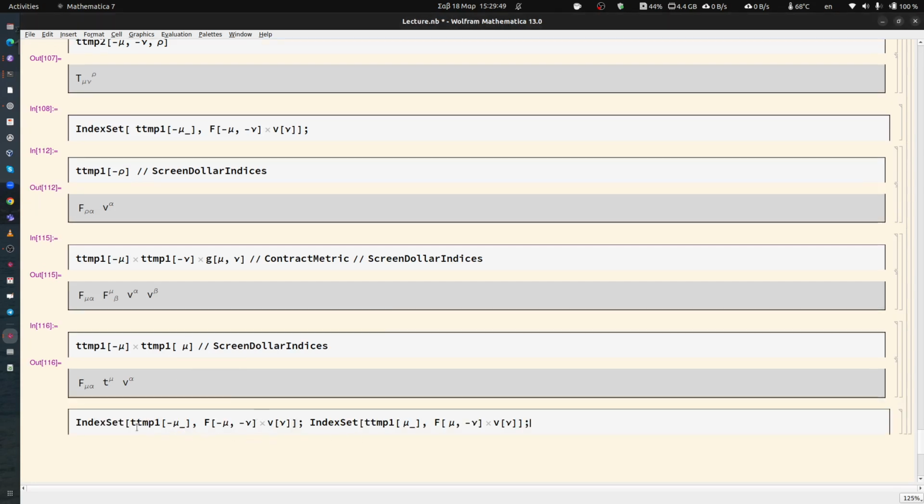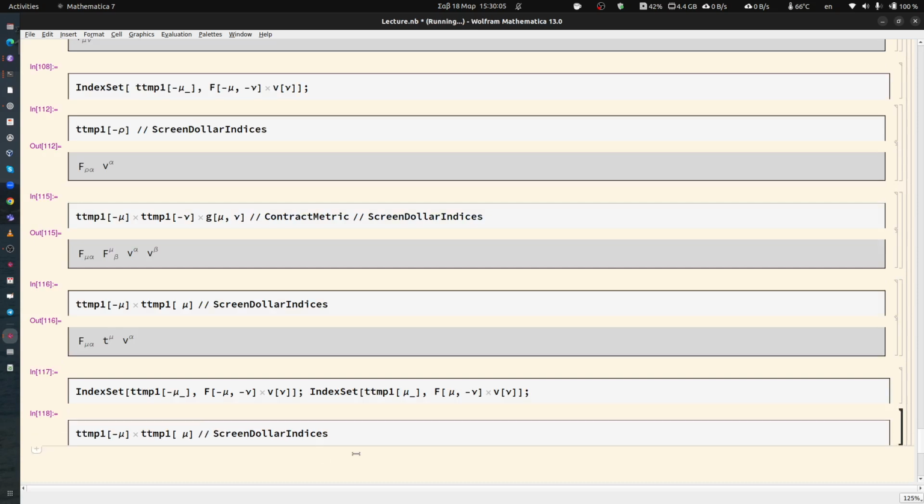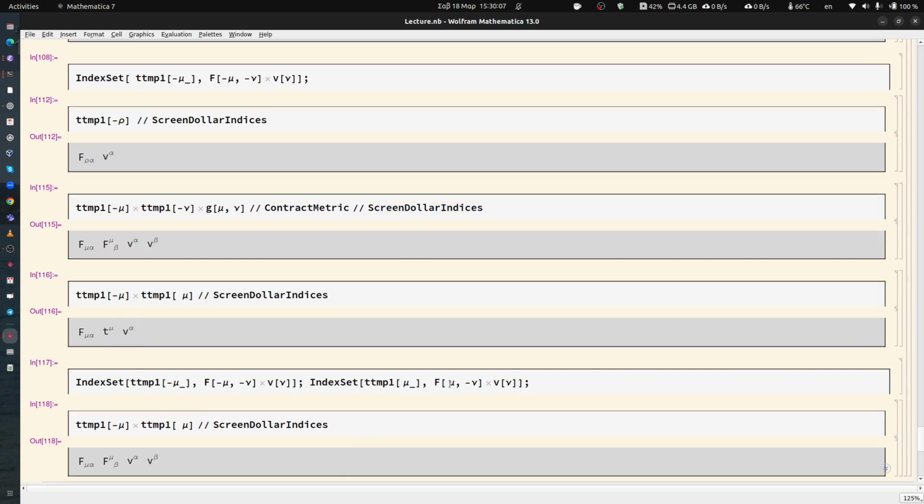TTMP with minus mu is replaced by this, and TTMP with index upstairs is replaced by this. Then this expression here is now replaced by its equal, which is the same as the one shown here.